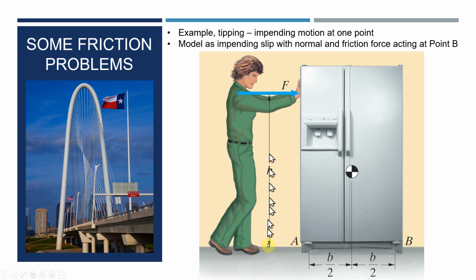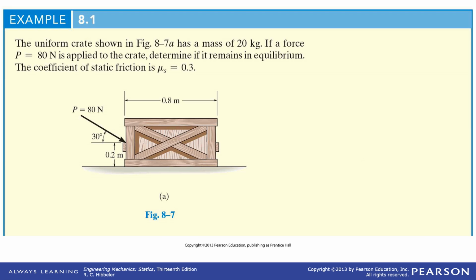So this refrigerator is impending between slipping, it's not going to tip over, and tipping over. If you put force higher than H, the refrigerator will tip over. If you put force lower than H, the refrigerator won't tip over. So this is a typical kind of problem.